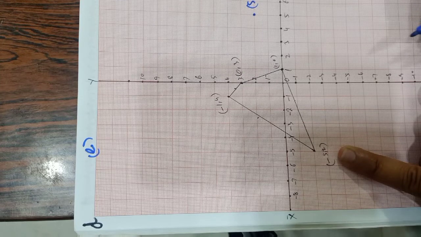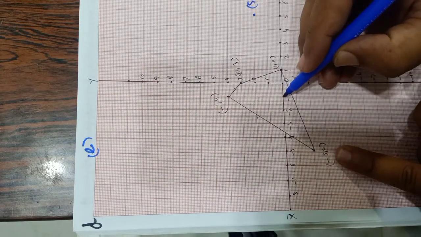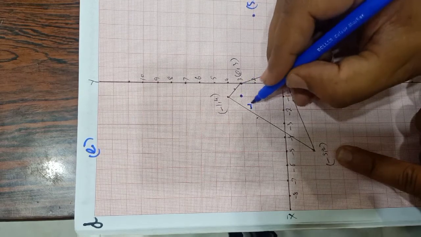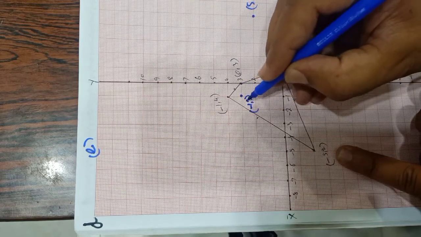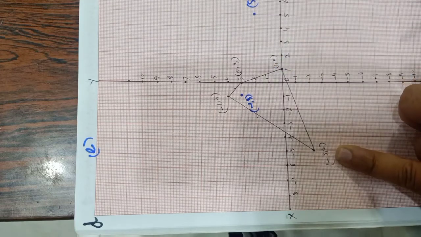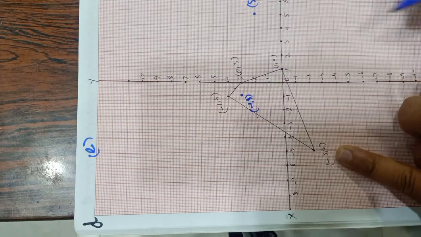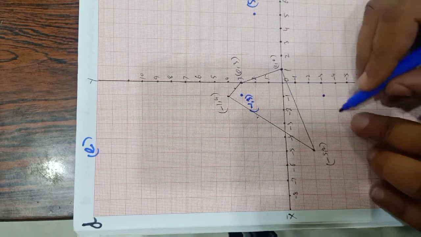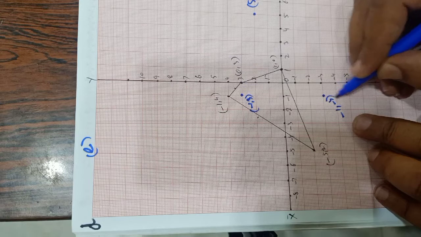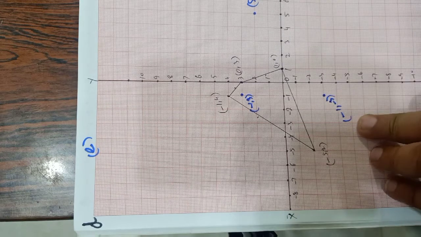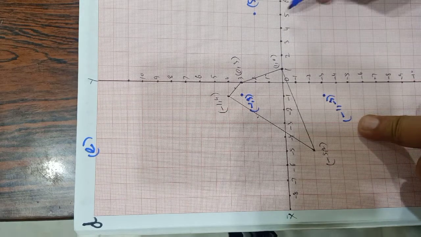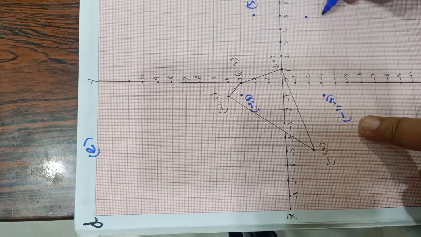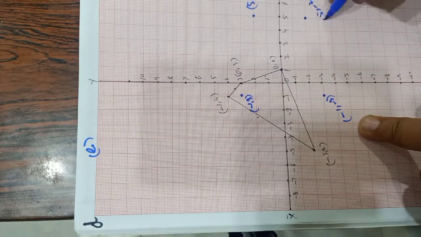The second pair of coordinates is minus 1 and 3. This point is minus 1 and 3. And third is minus 1 and minus 3. The last pair of coordinates is 5 and minus 2.